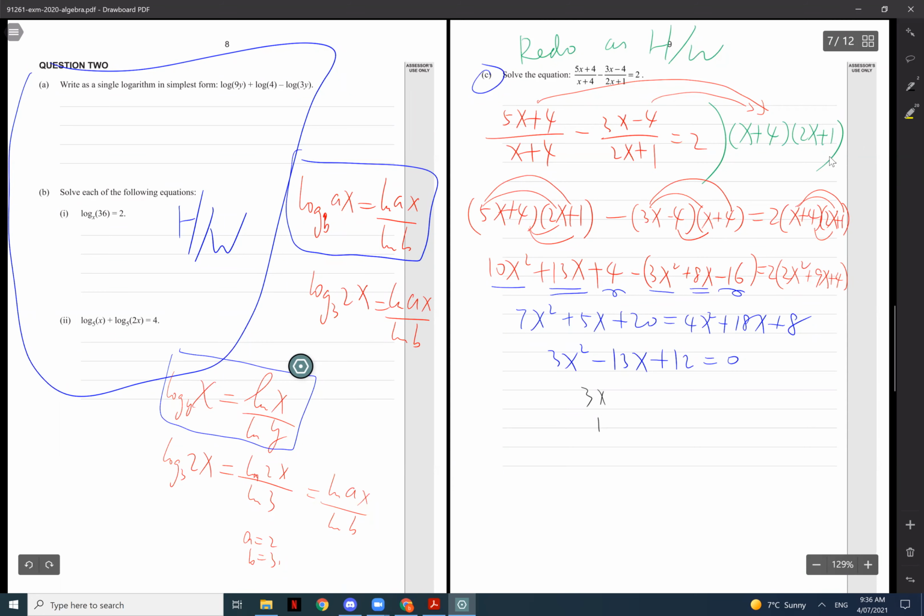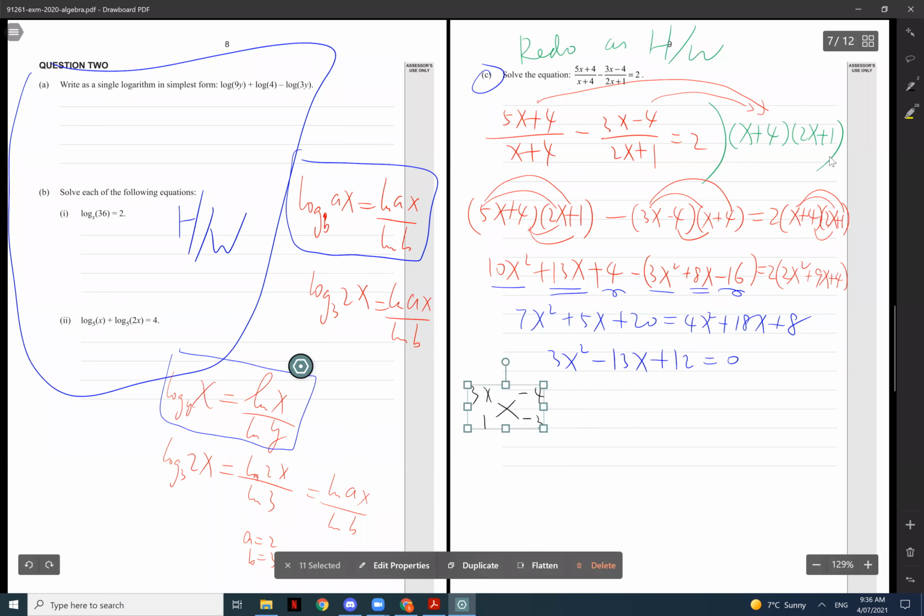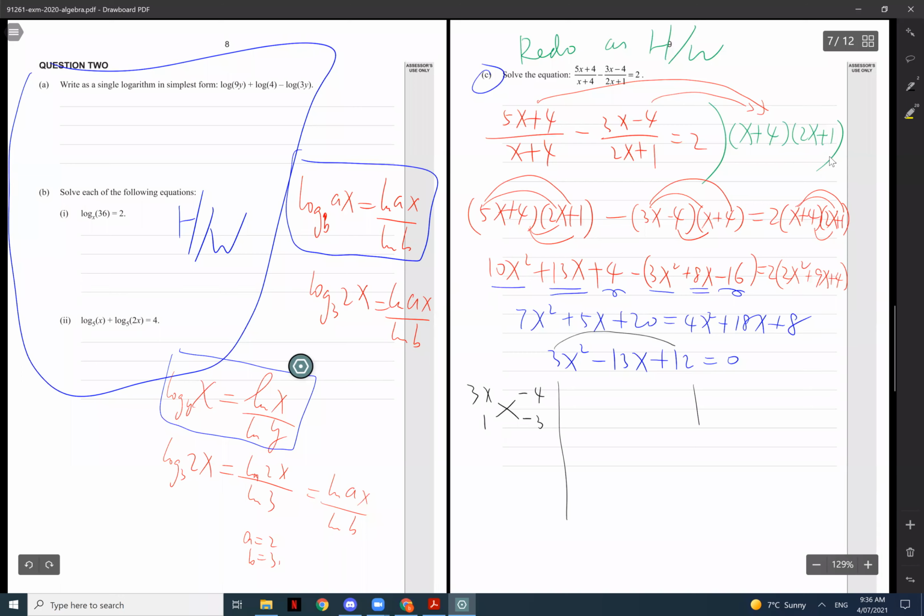3x1. 3, 4, yeah, give you negative 13. That's one way. The other way, these two times together, you got 36. So you need two numbers that multiply to 36, but add together to equal negative 13. 4, 9, minus.